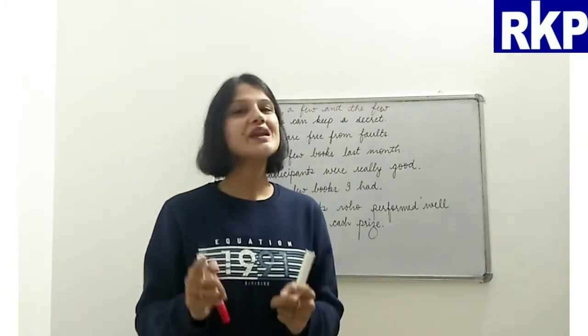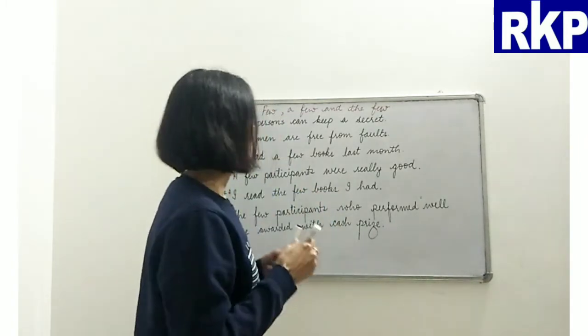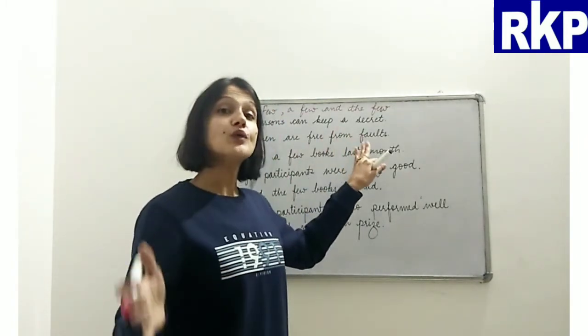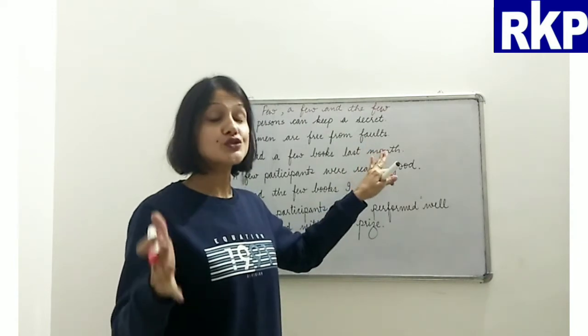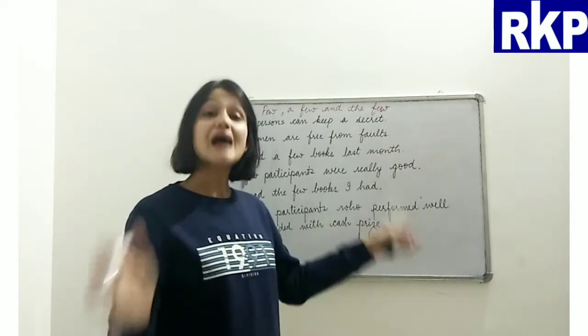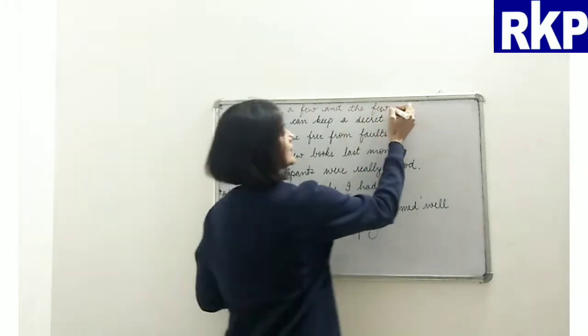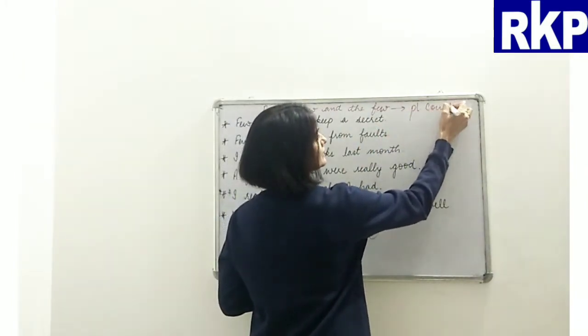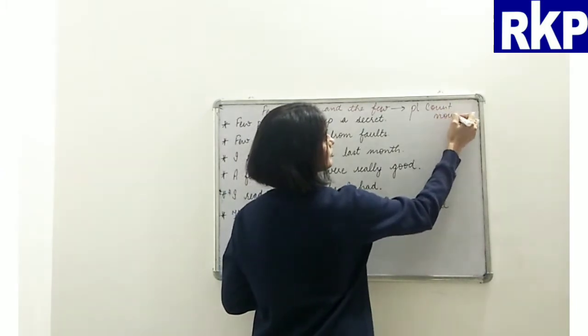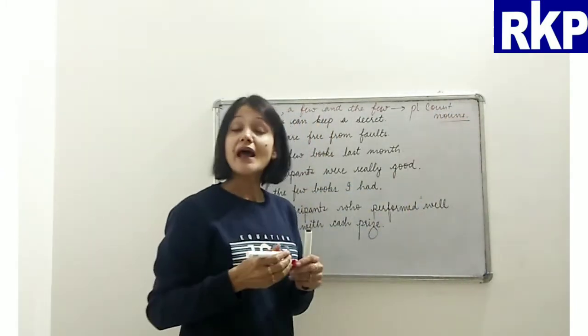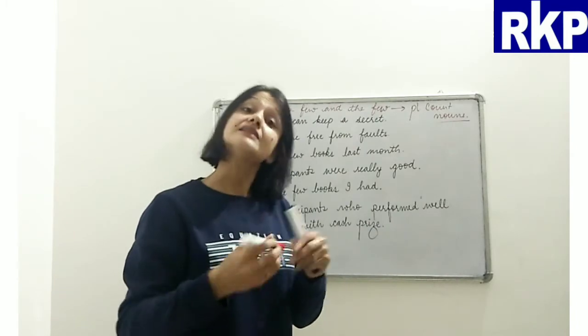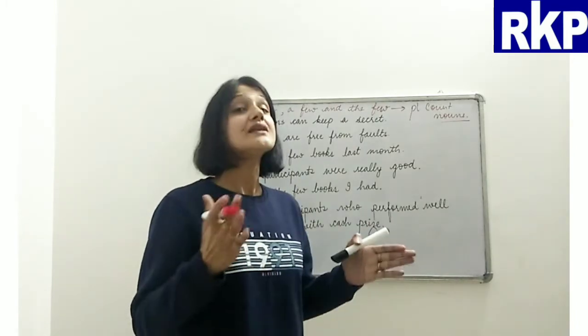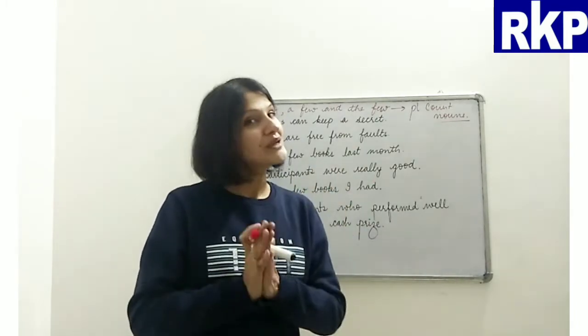The only difference here is that few, a few and the few is used with plural countable nouns, whereas little, a little and the little is used with singular uncountable nouns.